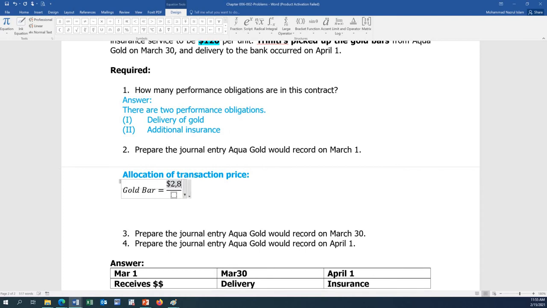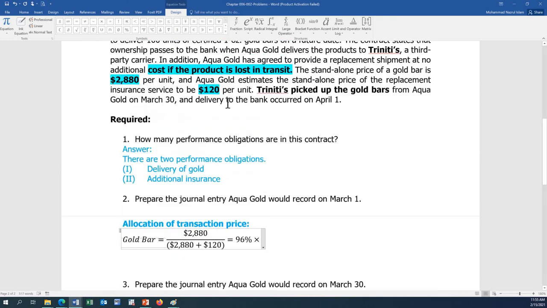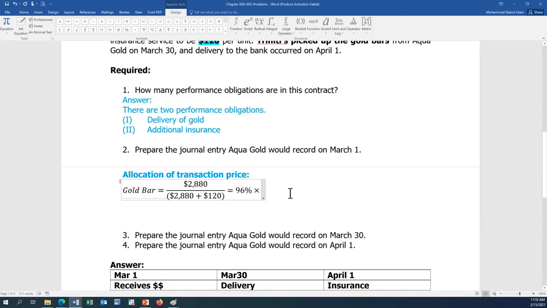So 2,880 over the total of 2,880 plus the standalone price of the insurance. So it is 96%, multiplied by the total 294,000. So it should be equal to 282,240. Okay.